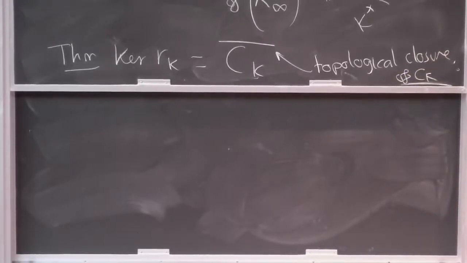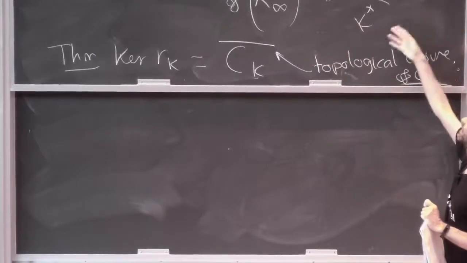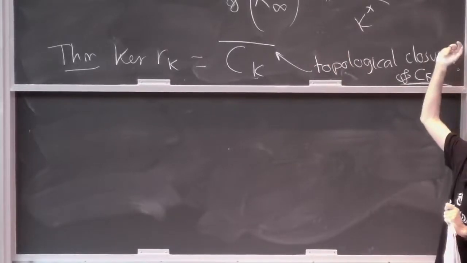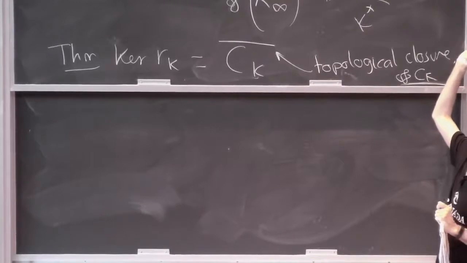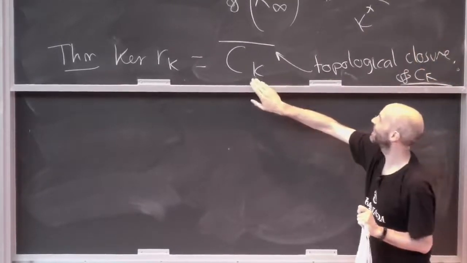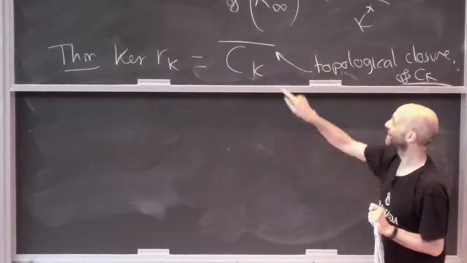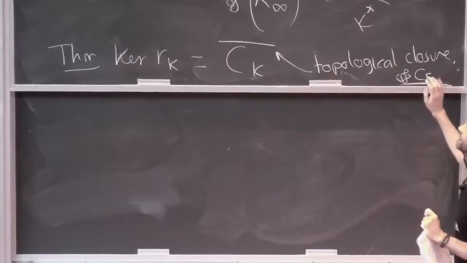And it kind of looks quite appealing that CK will be closed, because CK is closed in AK star, and somehow continuous image of a closed set is closed. Is that a theorem? Yeah, I'm not so sure that's true. And so you see, this CK, the image of this closed thing in here, might not be closed. And so better take the closure just in case.